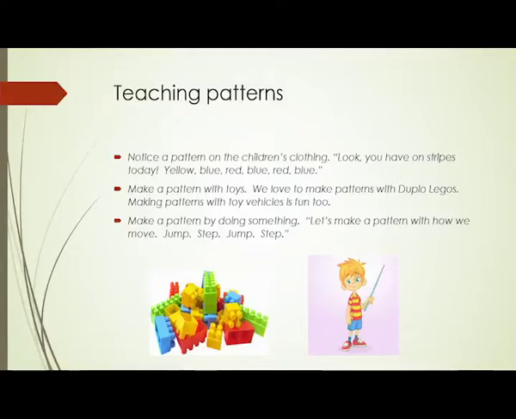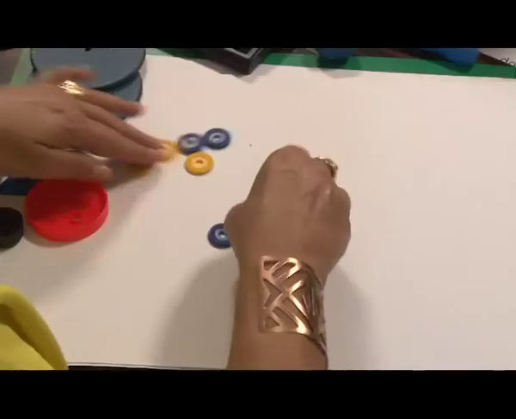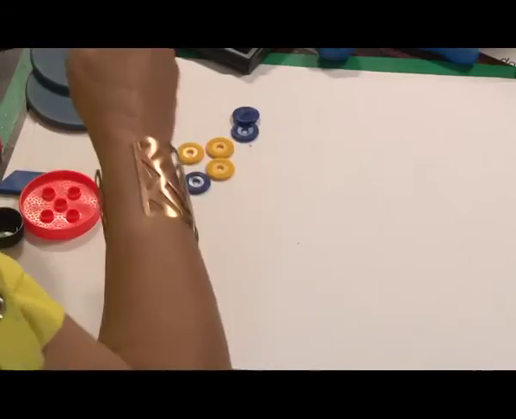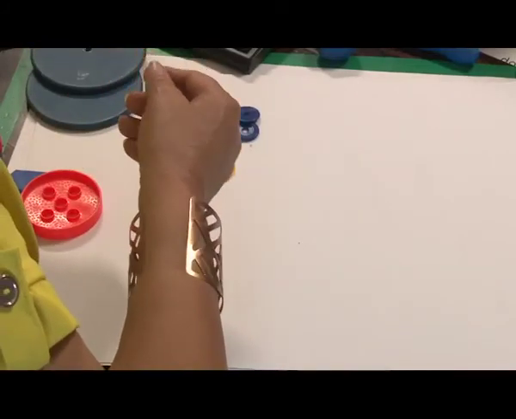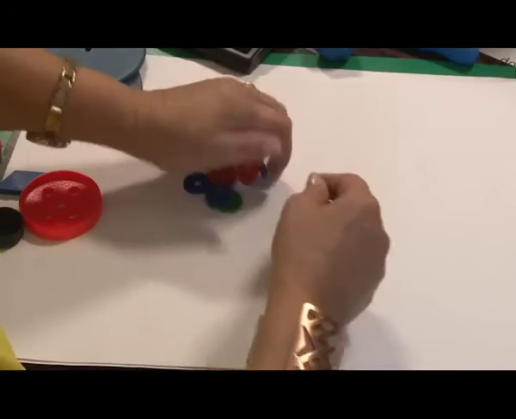Make a pattern with toys. We love to make patterns with Duplo Legos, or making patterns with toys or vehicles, or even color. For instance, here I have a few counters.